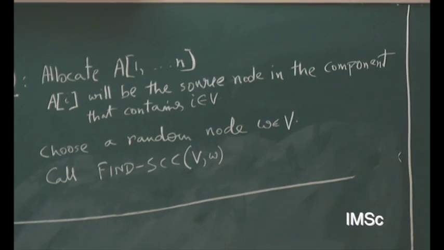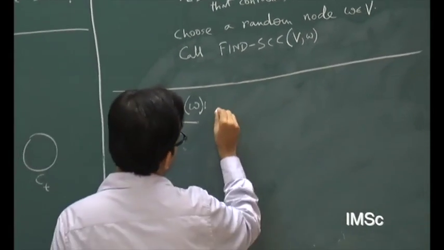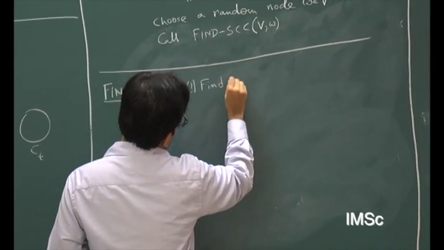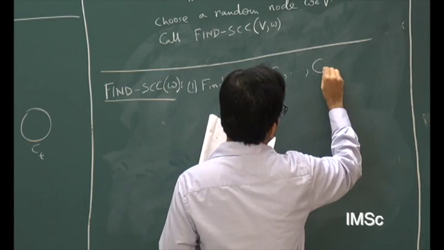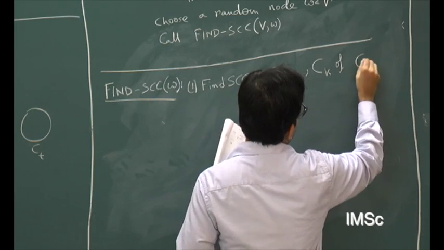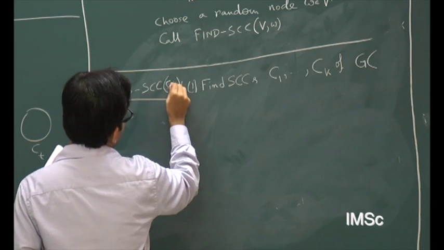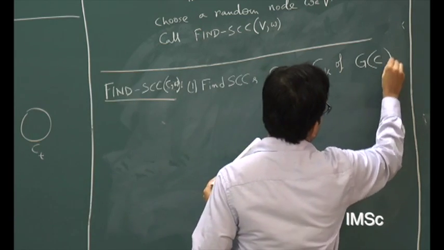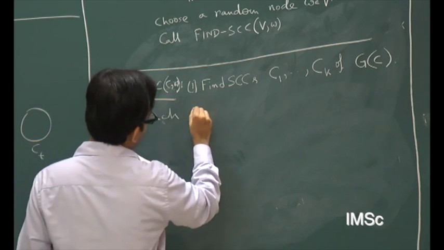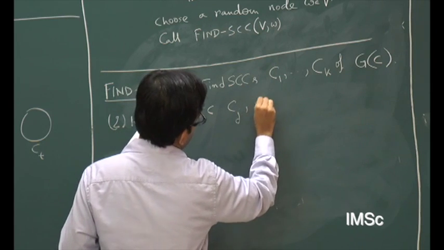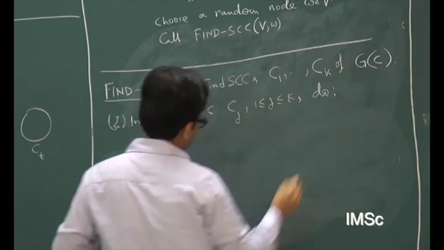Next, what is this subroutine? Step 1, compute the strongly connected components C_k of this graph G_C, and in each such strongly connected component C_j, do the following thing.